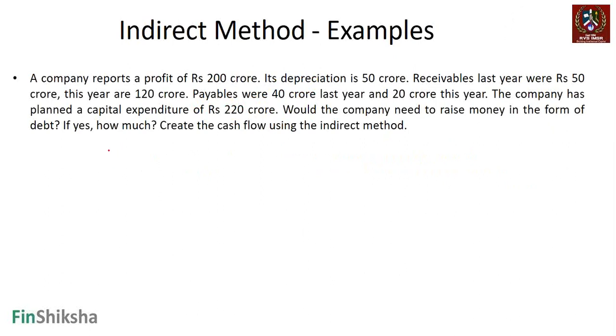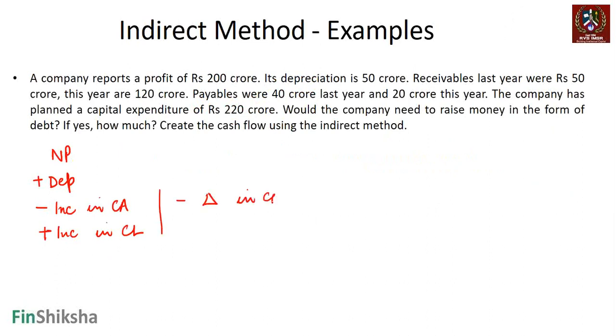When we are doing the cash flow using the indirect method, remember we start with net profit, we add depreciation. Remember we had seen we remove an increase in any current assets, we add an increase in any current liabilities. In other words, we subtract a change in current assets and add a change in current liabilities.